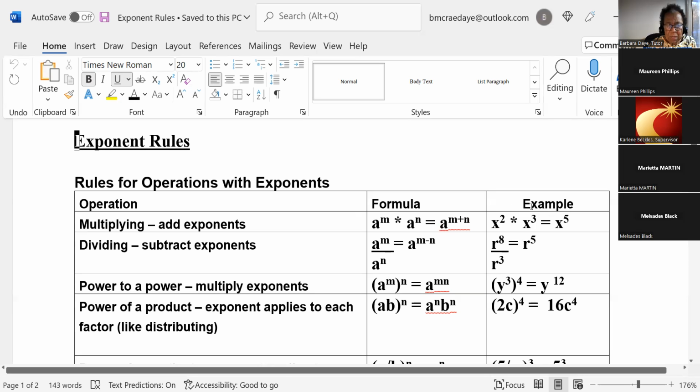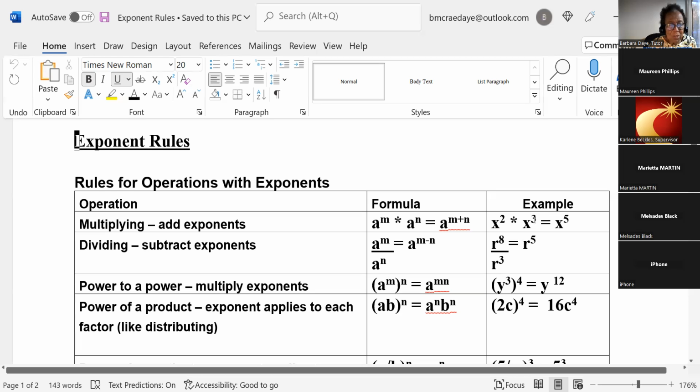So 2 plus 3, that's how I got X to the 5th. Okay, I understand it now. You add the powers. So 2 plus 3 is 5, and that one is 8. This is saying X to the 2nd times X to the 3rd. So the rule for operations with exponents, when you're multiplying, you add the powers. Okay. Got it?